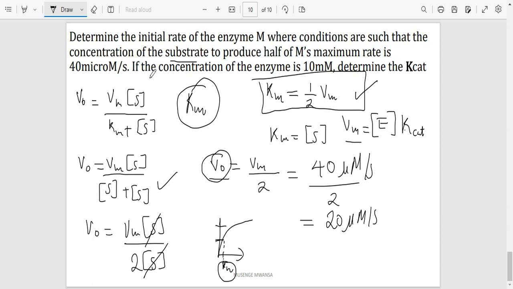Now the second part of the question says if the concentration of the enzyme is 10 millimolar, determine Kcat. Now for that one, that is where we are able to use this other equation which I wrote on this side.